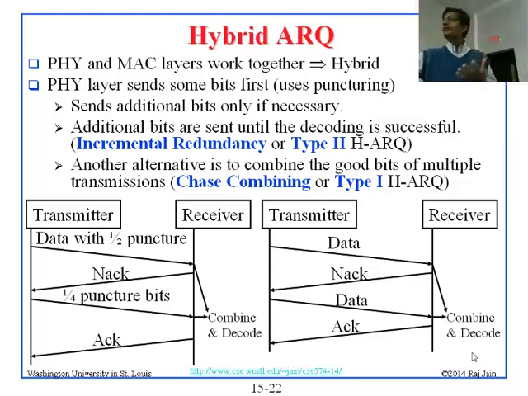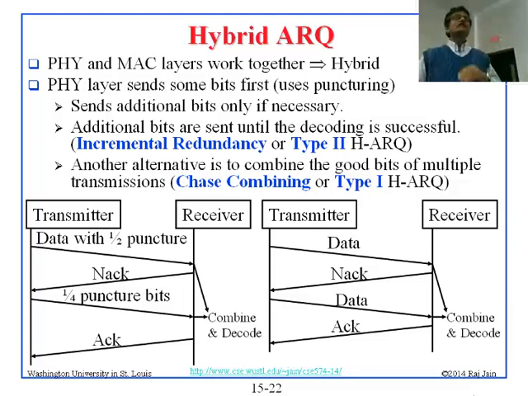But most of the time you will be happy with just the first one. Half will do okay. This is called HARQ because both the PHY and the MAC are involved. The PHY knows which bits are missing and how to combine the bits, because all this coding and decoding is not the MAC's business, it's all the PHY's business. So the PHY does that part, and the MAC simply does the CRC and says, oh, this is not good.